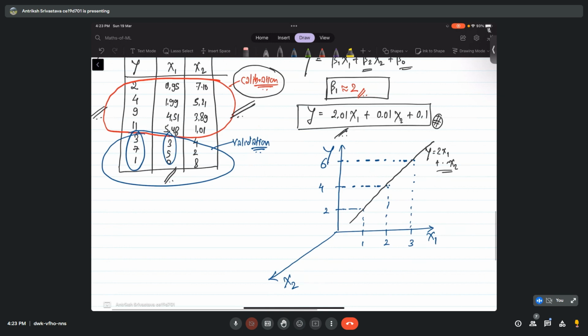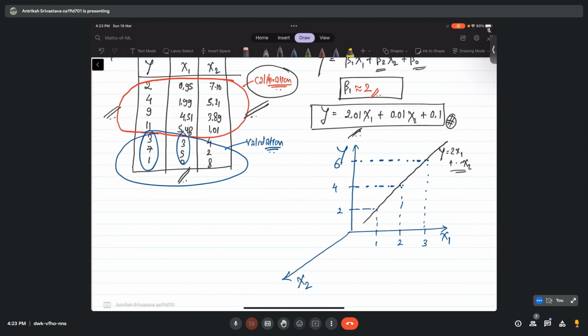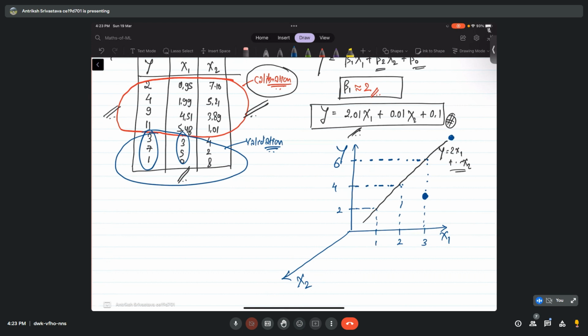And when you go for validation, as we can see from the validation data points, the validation points will lie somewhere around here, and 7 and 5 somewhere around here, and 1 and 0.